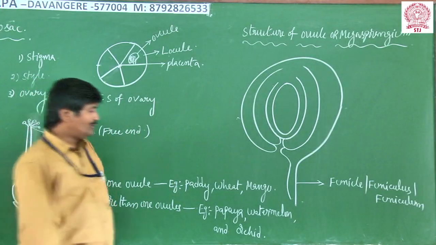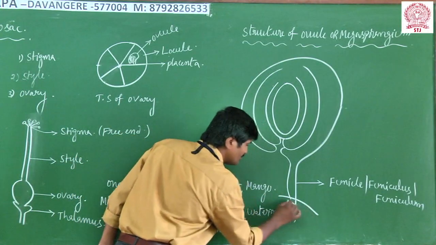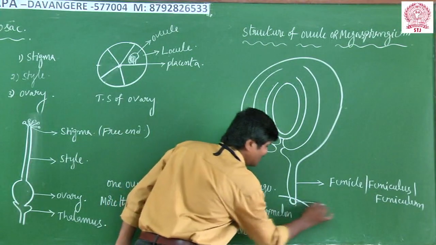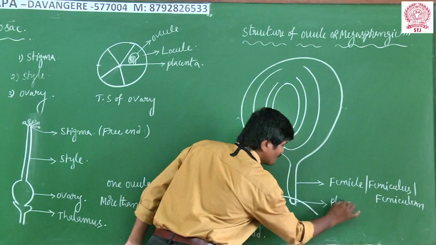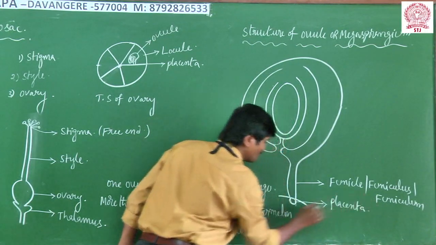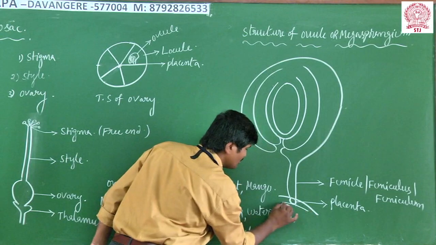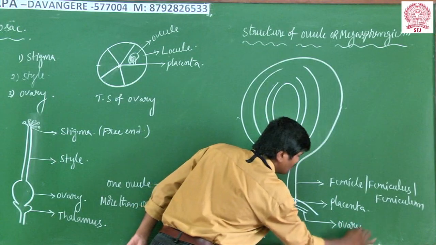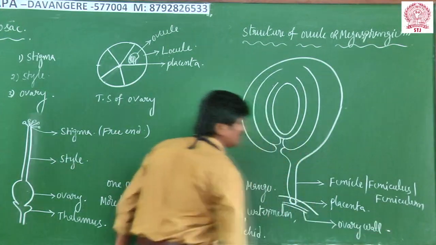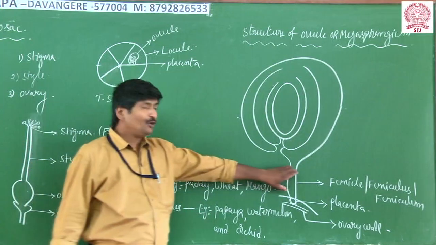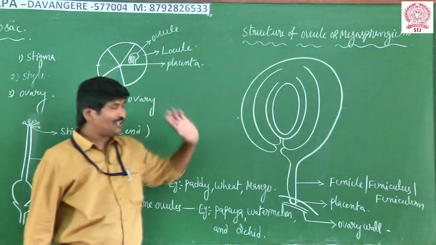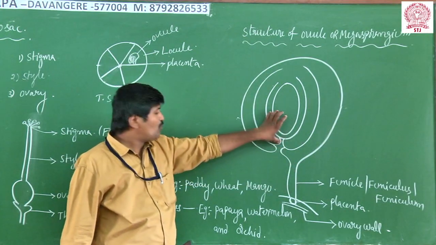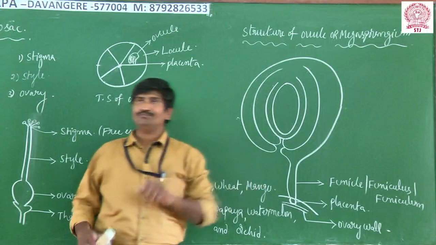It is attached to the placenta. Now this is the ovary wall. Funicle is the stalk-like structure of the Megasporangium. So by means of this funicle, the entire ovule body is attached to the placenta.